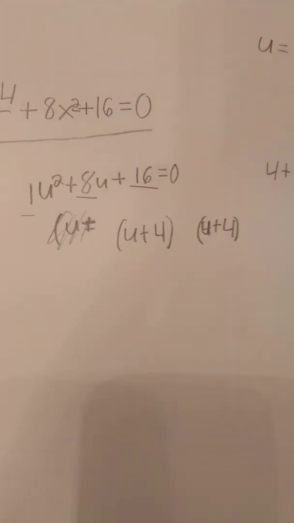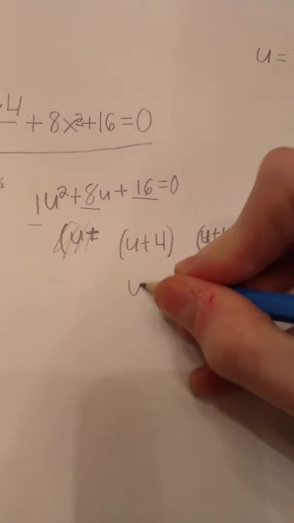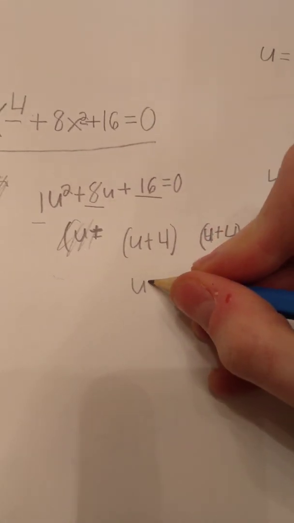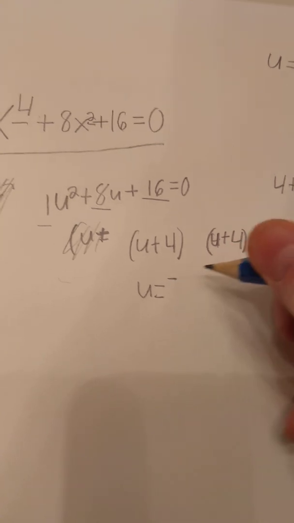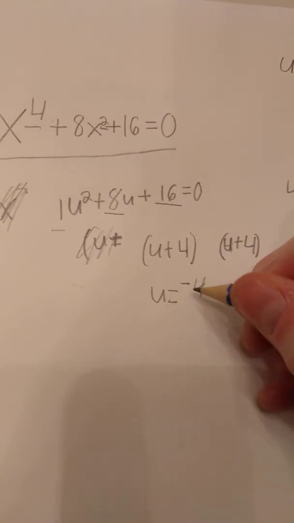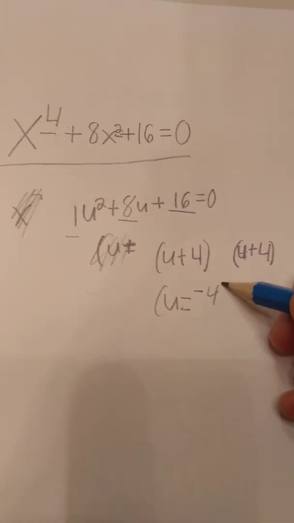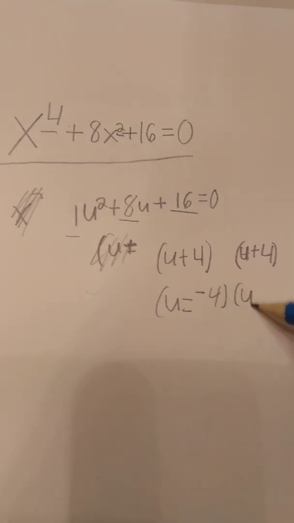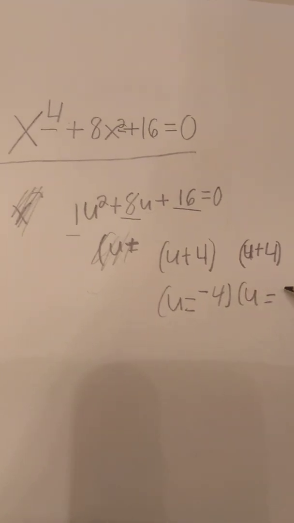Now, as you can see, we can finish this up and create u equals -4, and that is on both sides. So I'm just going to finish that up.